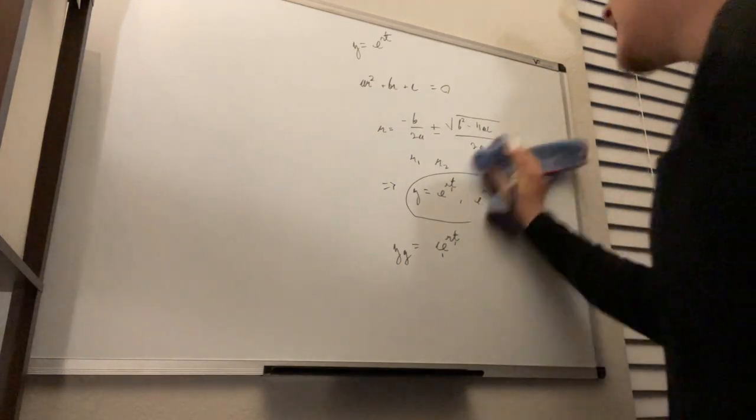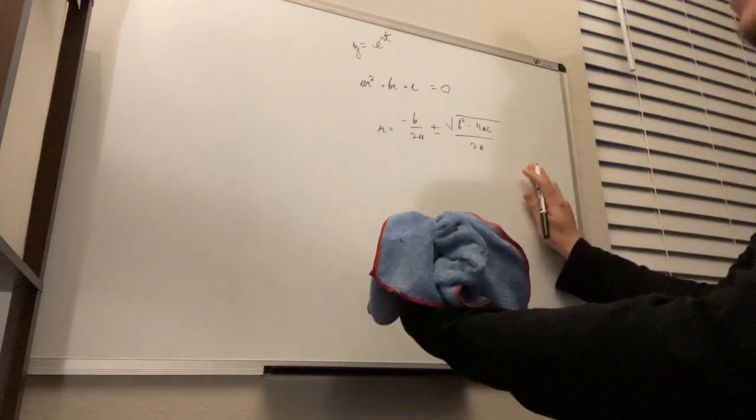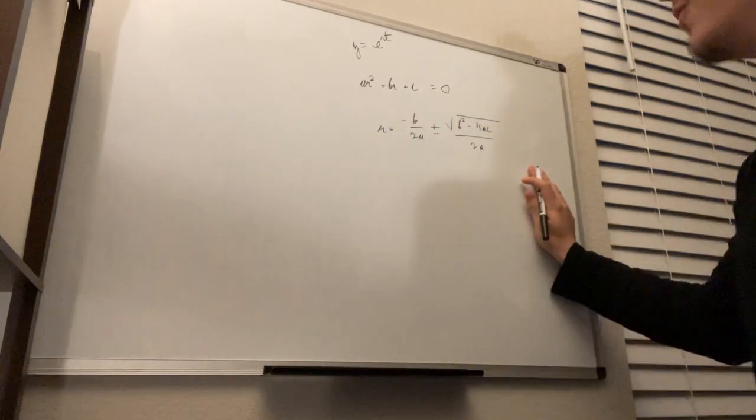Now, suppose that the actual solution to the auxiliary equation is a complex root.